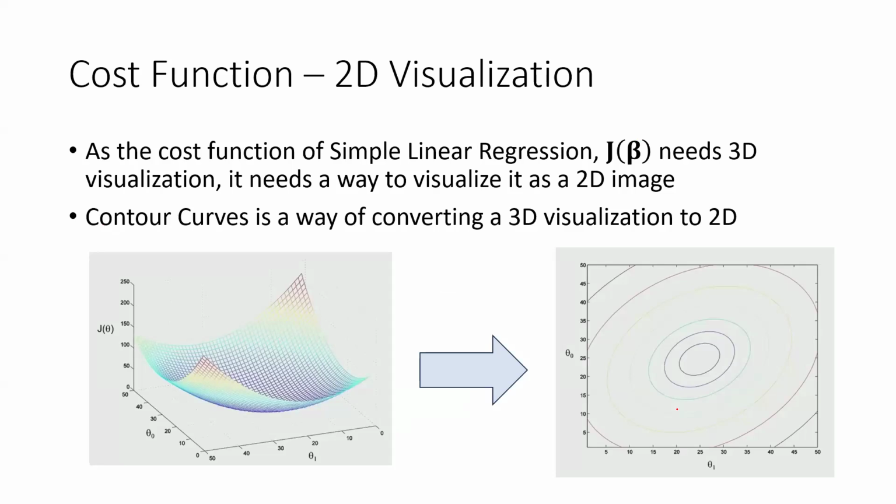In order to represent these three-dimensional curves, this is not related to machine learning, but this is about just data visualization, right? So if you want to represent a three-dimensional curve like this, you can take the contours, or you can connect the points where the same altitudes are connected together. You can draw a contour curve, and so on, right?